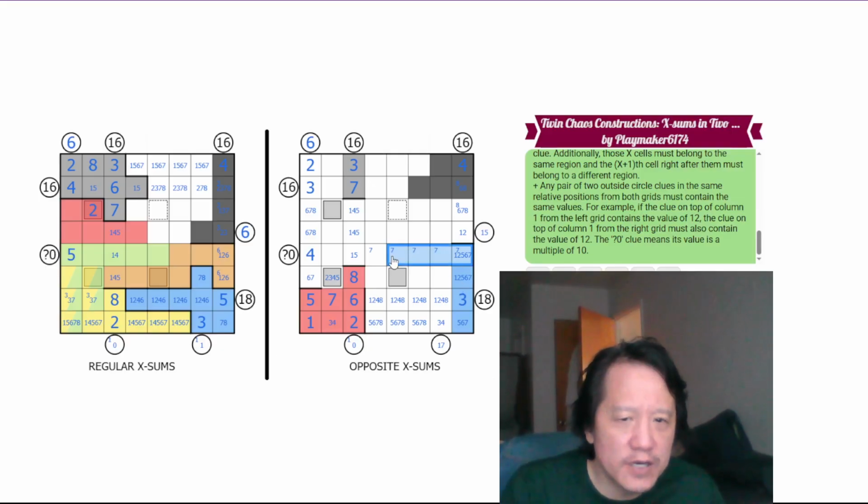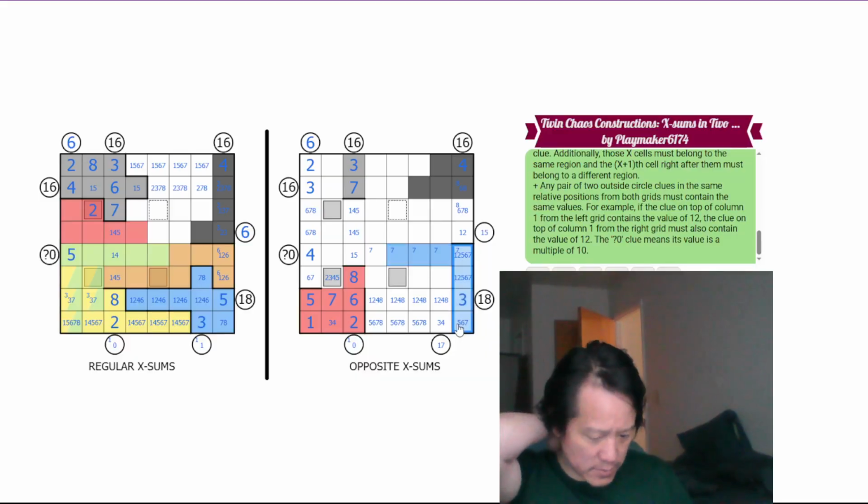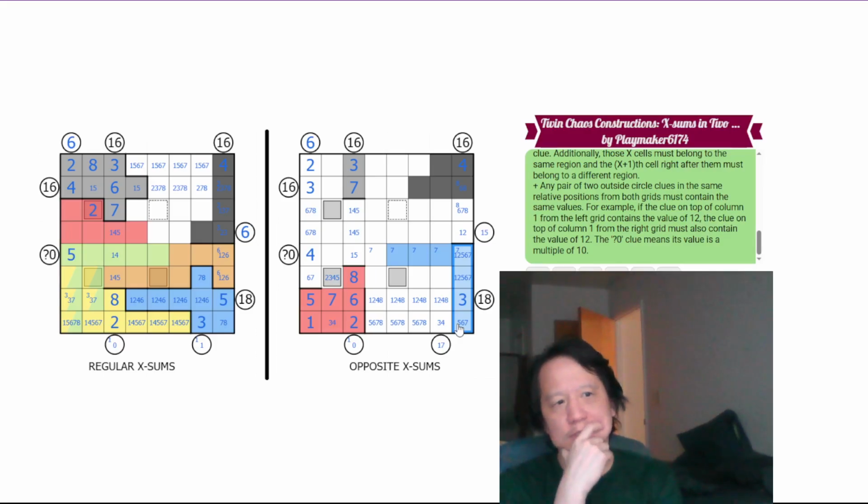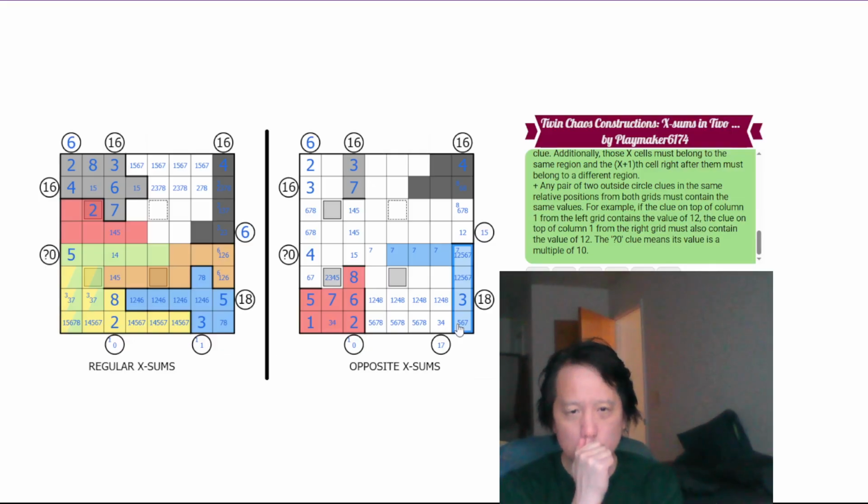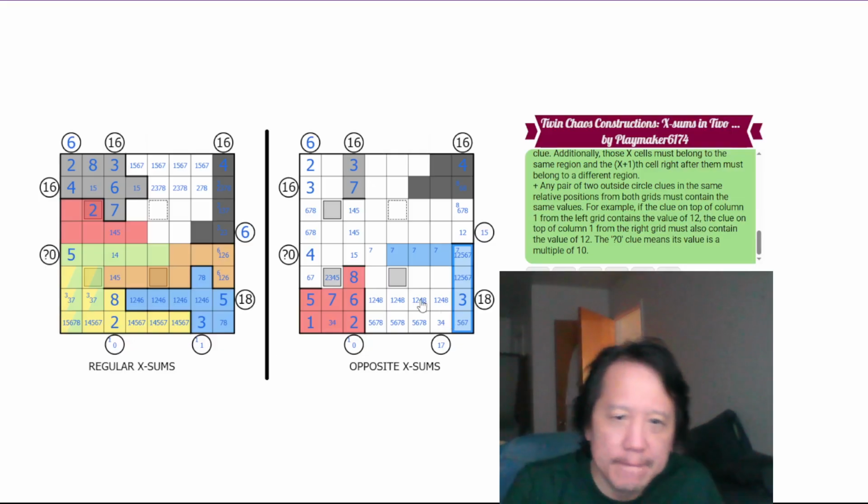These 4 must add up to 20. These 4 must add up to 16. Does that... That doesn't... Oh, it does work. Never mind. I was thinking that doesn't work, but it's still possible. 1, 2, 3, 4, 5, 6, 7.